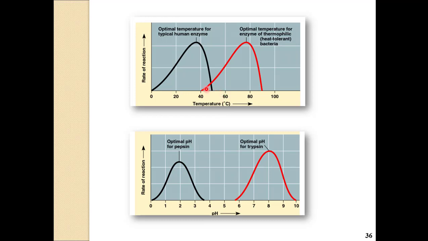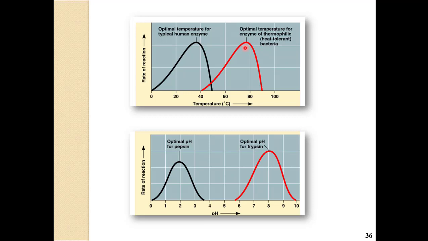Now, that's compared to temperature. Remember how I said all of our enzymes work at an optimal temperature around 98.6, which is 38 degrees Celsius, shown here. But here are enzymes within heat-tolerant bacteria that have been found in places like Yellowstone National Park, where they have hot water geysers and things like that.